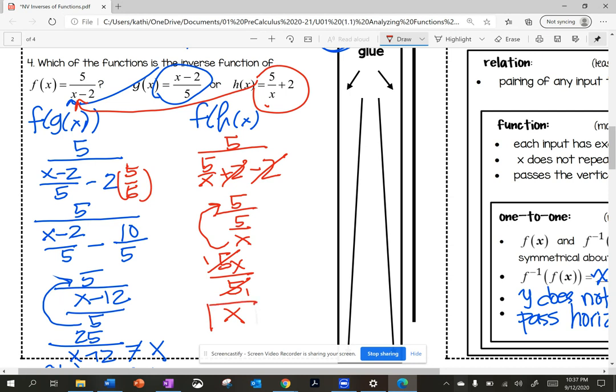So my result is x. So yes, I verified this is h of x. H of x is the inverse.